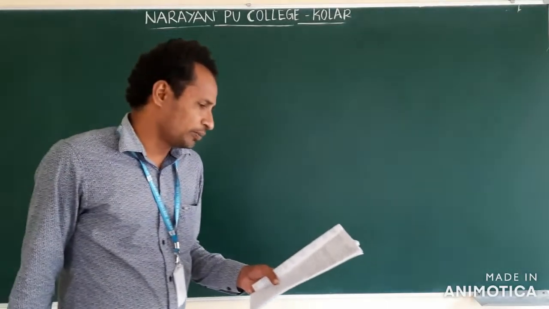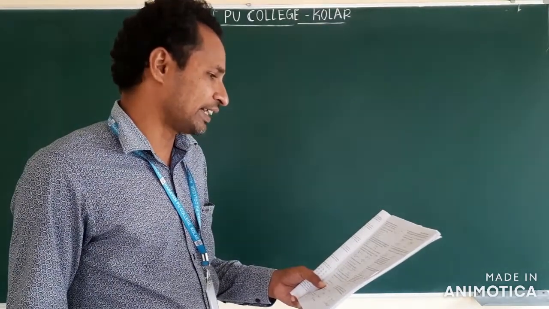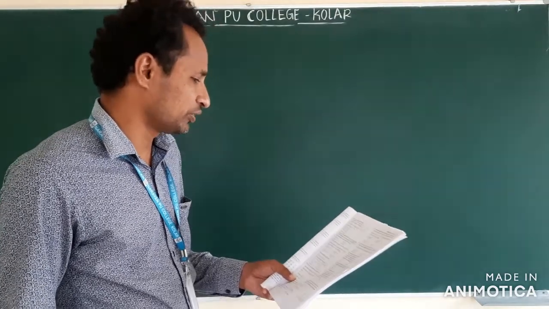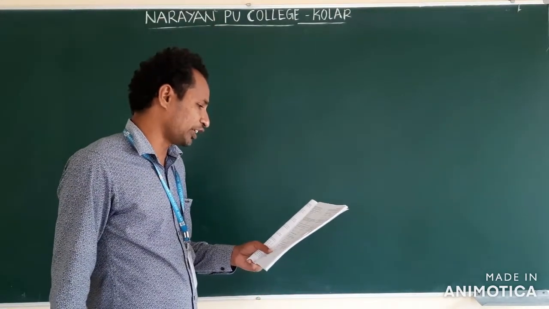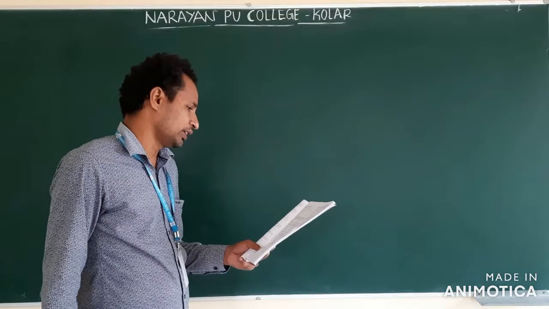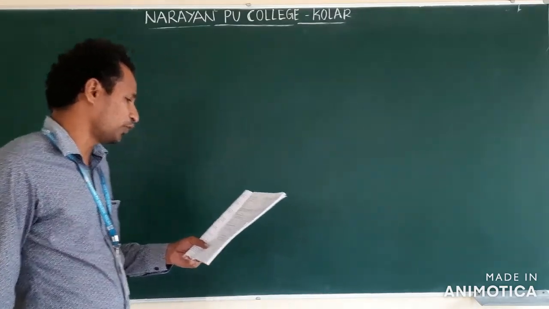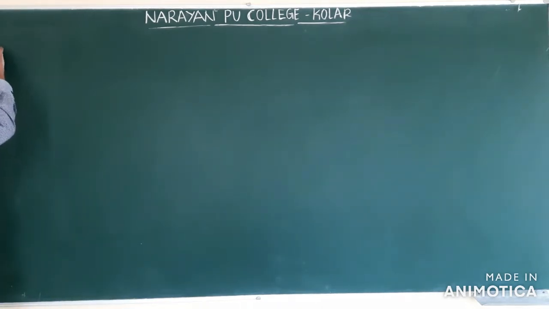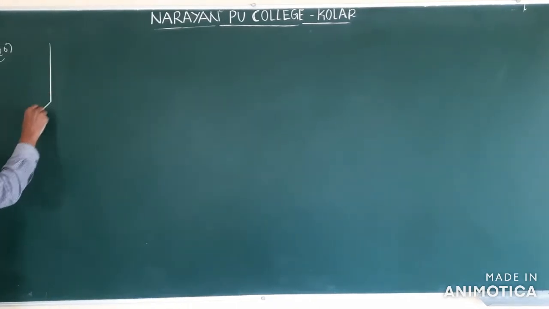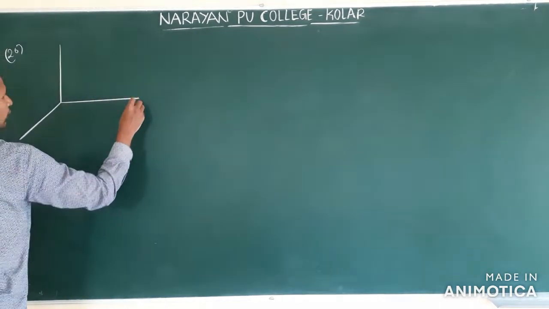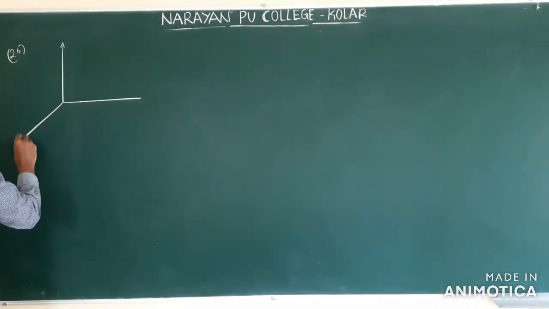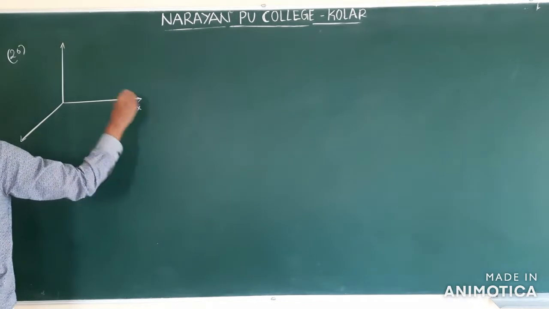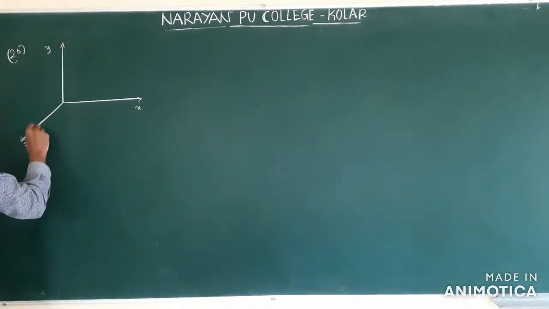Now the 26th problem. A long straight wire along the z-axis carries a current in the positive z direction. The magnetic field vector B at a point having the coordinates 3, 4 in the z equal to 0 plane. Now 26. X, y, z.